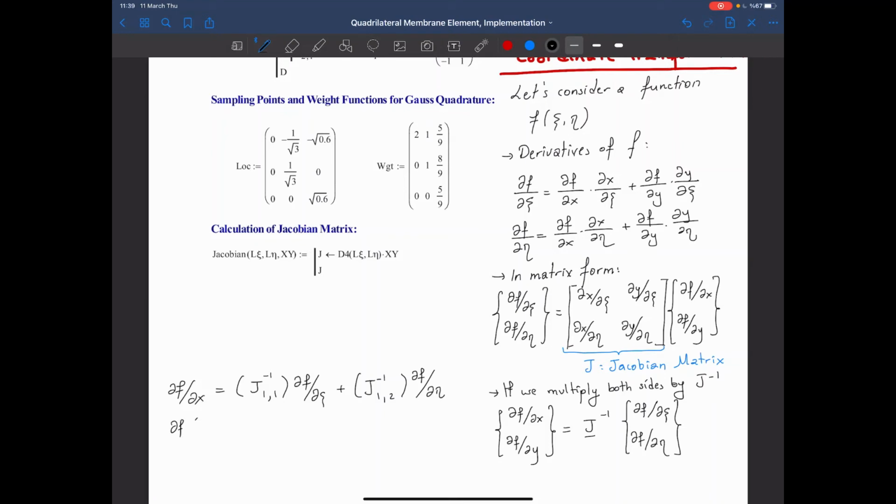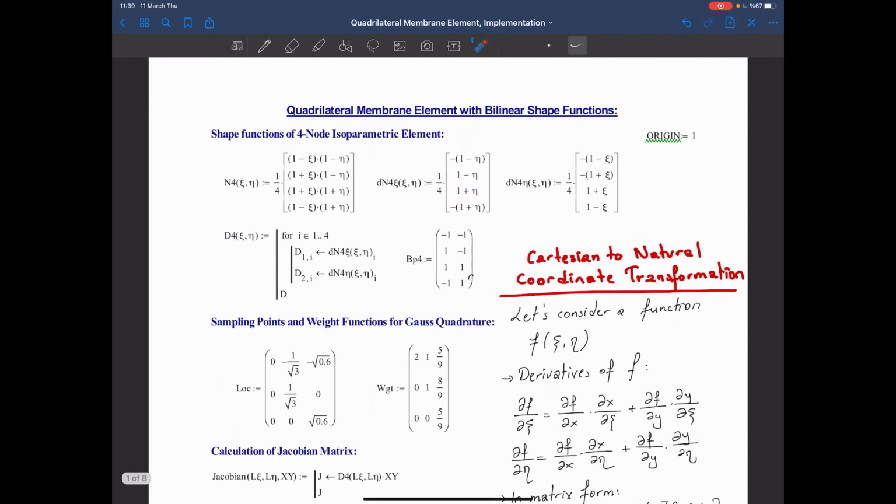Now del f over del y will then be equal to J inverse (2,1) del f over del psi plus J inverse (2,2) del f over del nu. Okay, so if I have any derivative with respect to the Cartesian coordinate system, I can actually transform that into the natural coordinate system with the following transformation. Okay, so let's come back.